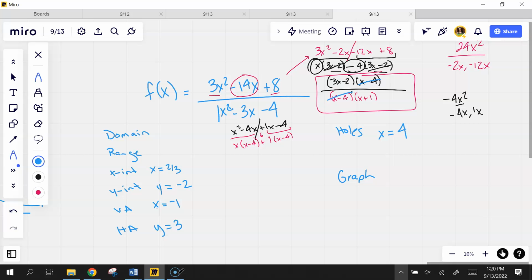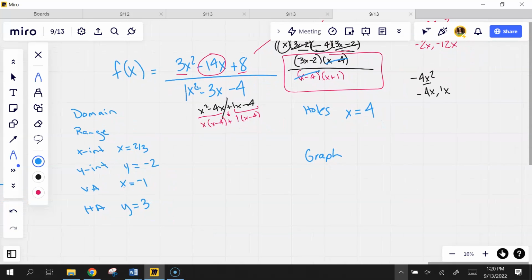Okay, well, let's graph it. I need to graph it first and look at it, and then I'll tell you. You can, but it's a little harder. Okay, well, let's look at it.